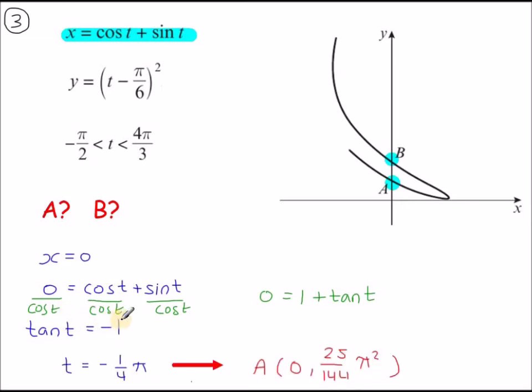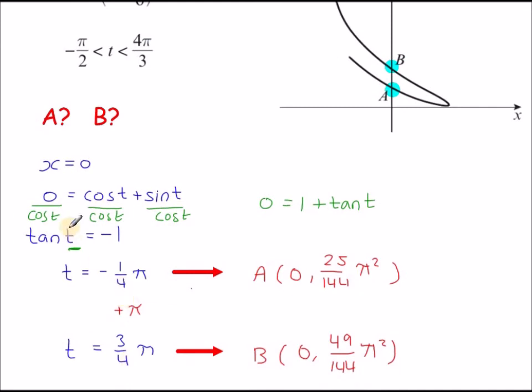So tan inverse of minus 1, calculator in radians mode, gives us t is equal to minus a quarter pi. The t there is an angle, and the angle that we've worked out from tan inverse of -1 is -1/4 pi. If we substitute that value into here for x and into this equation for y, we get the coordinates.